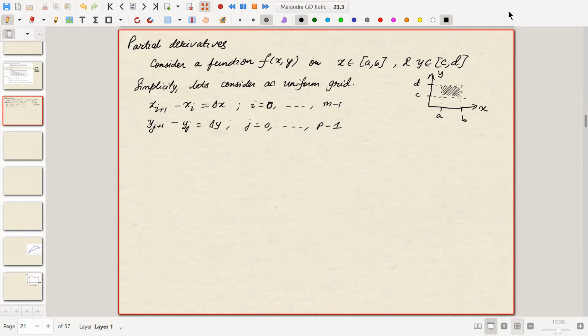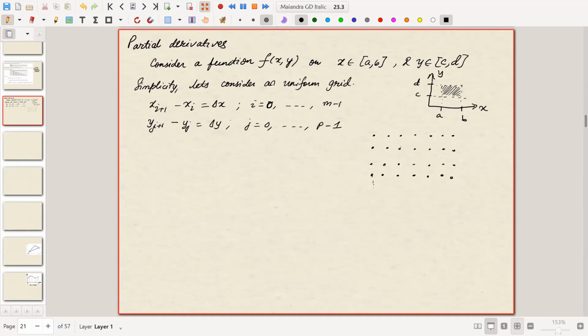Just to motivate, we can discretize this grid like this diagram I want to draw. A lot of different points, like a grid. So it seems like they are equally spaced, right? I'm skipping some of the rows, but just to give you a feel of what is going on.